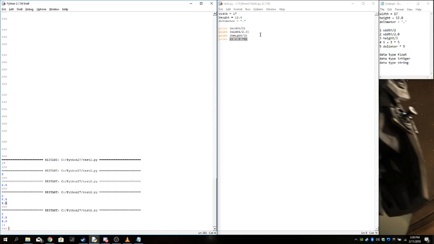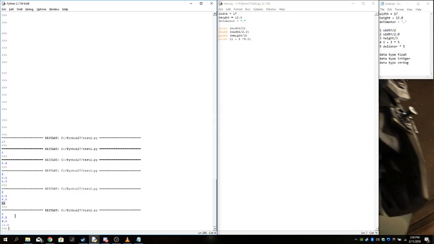Yeah, that executed right. So once again, this 11 answer here is just an integer. So let's see if this works. Okay, yeah, so cool. Now we have it as a floating point.